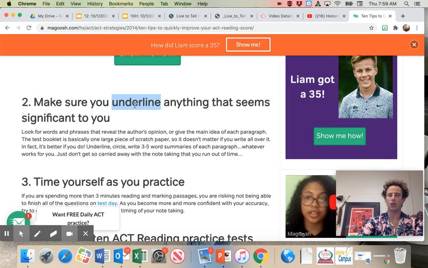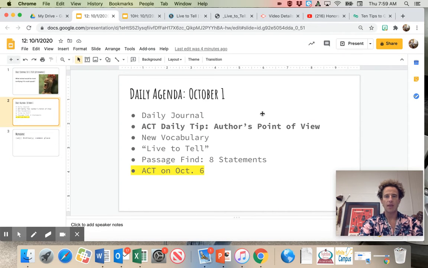Underline any clues that you feel can give you ideas about what the author's perspective is or what they're trying to do. What's their purpose? What's their message? Because that's going to be a big section of the ACT reading section: you identifying the theme.